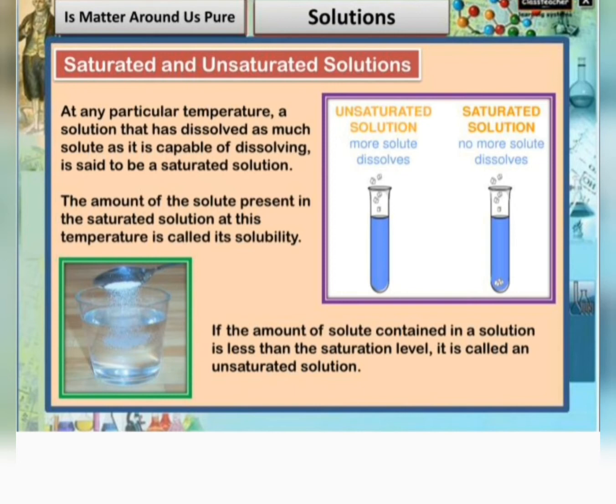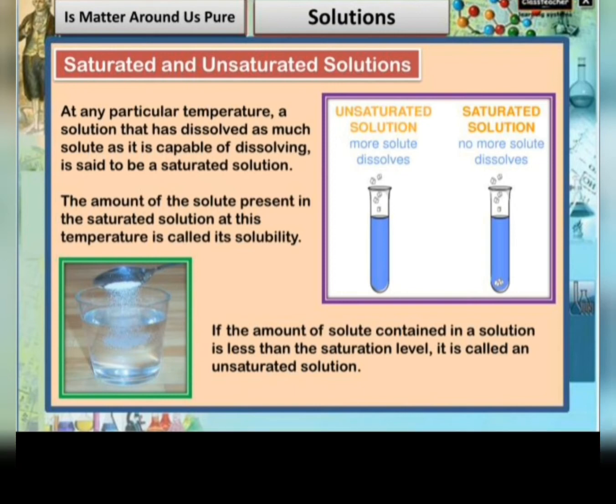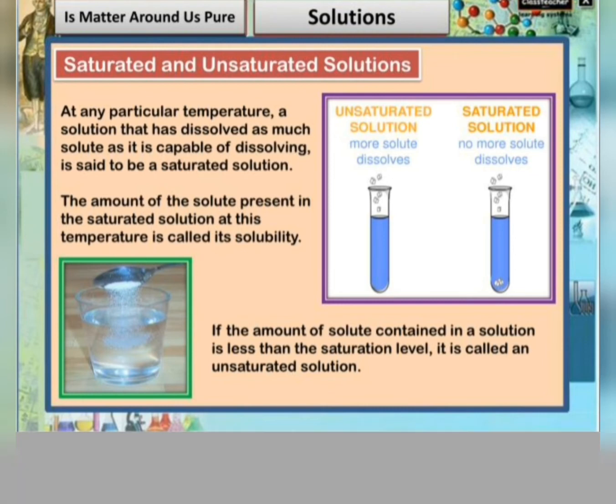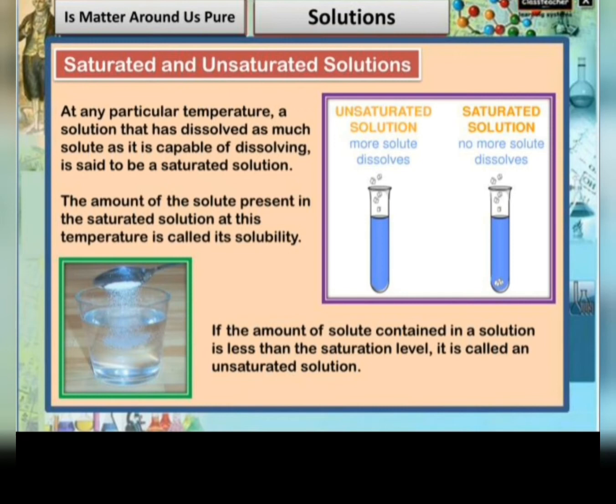No more salt is now getting dissolved at that temperature. So at that point, when no more salt can be dissolved at that temperature, then that salt solution will be a saturated salt solution. Okay, so a saturated solution contains the maximum amount of solute which can be dissolved at that temperature. So it's obvious that a saturated solution contains a greater amount of solute than an unsaturated solution, right?